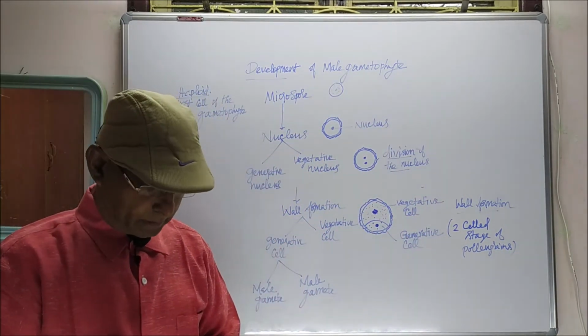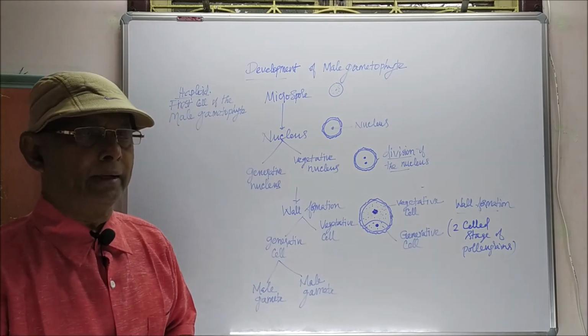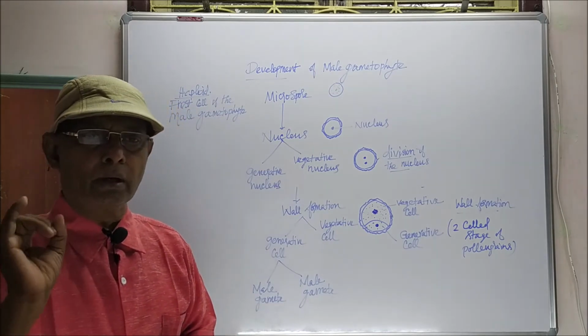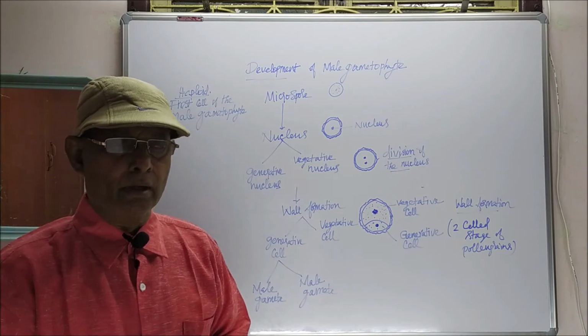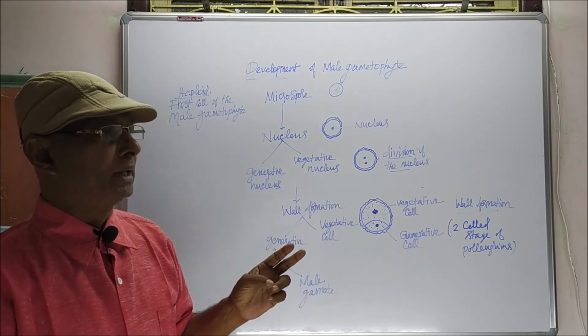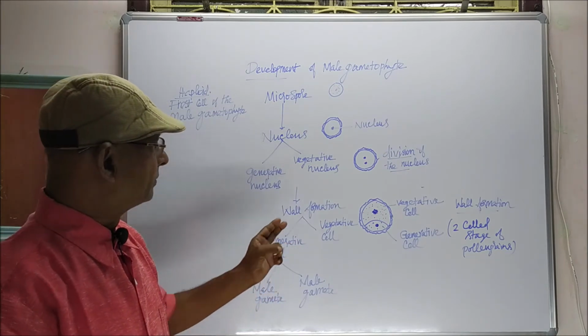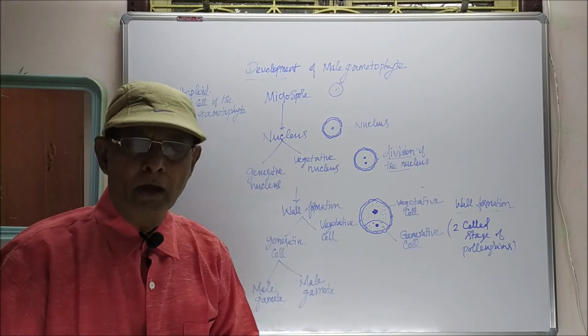What are the names of the two-celled stage? One is vegetative cell, another one is generative cell. These two are the cells formed after the wall formation.